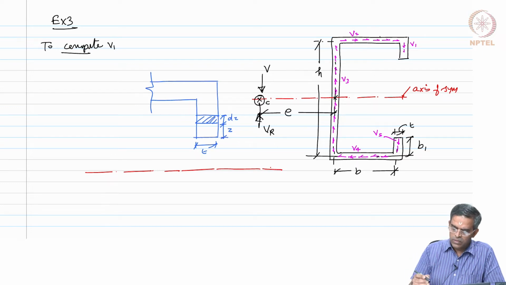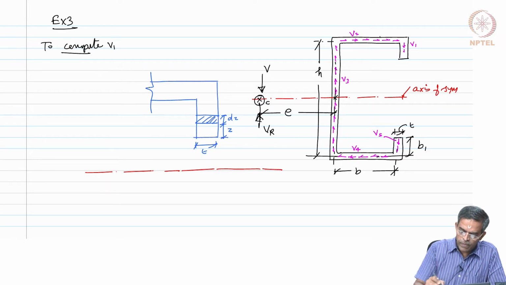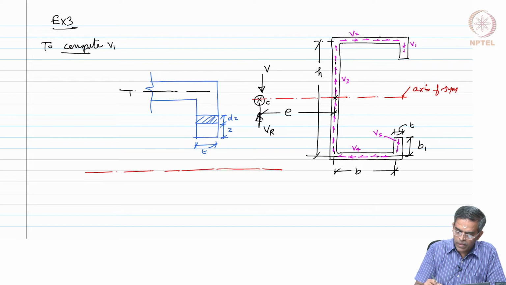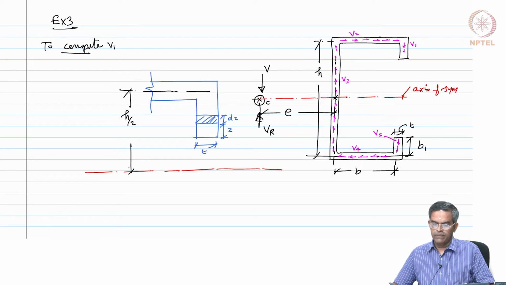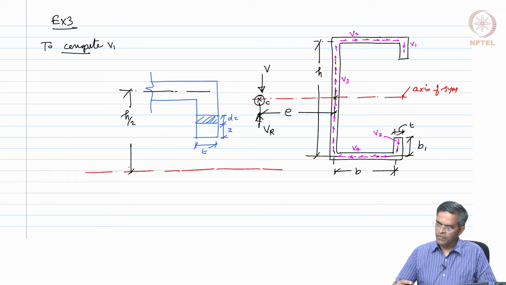And we know this distance is h by 2 from here, and this was B1.